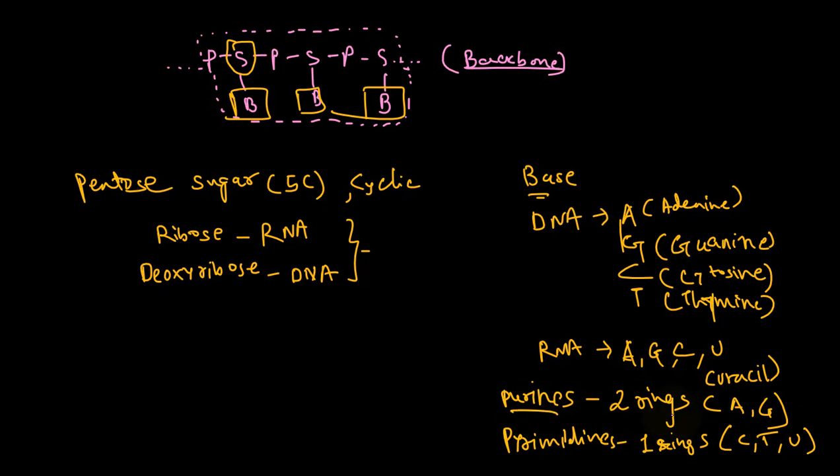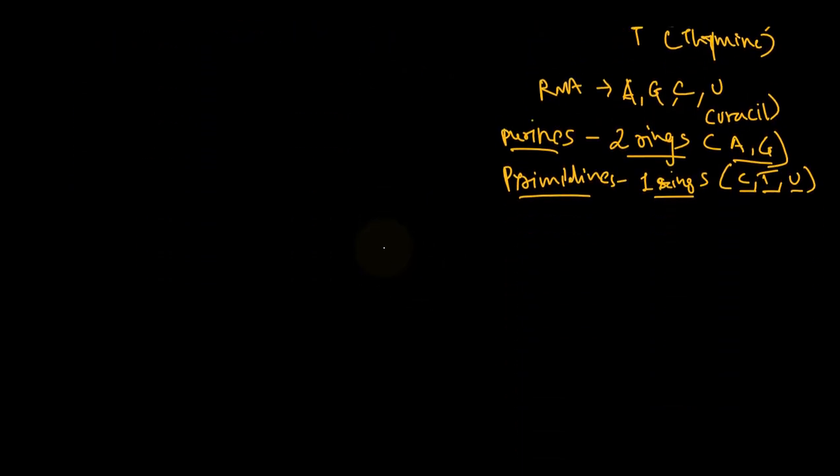So the pyrimidines are cytosine, thymine and uracil, and the purines are adenine and guanine. There is a difference in the ring structure: 2 rings and 1 ring.